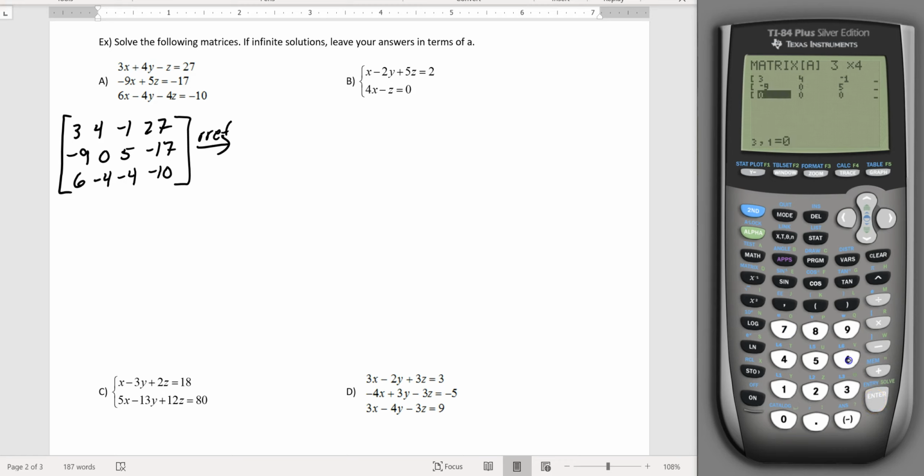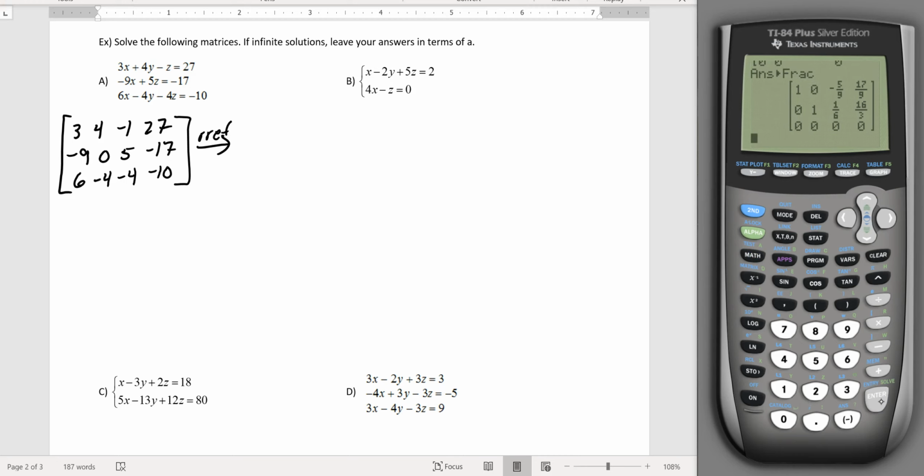And then we have 6, -4, -4, and -10. To get out of that, remember second quit. Second matrix, math, go up to RREF, press enter, select the matrix that we just edited. For me, that was A. And here we go, I'm going to hit math, frac, enter.